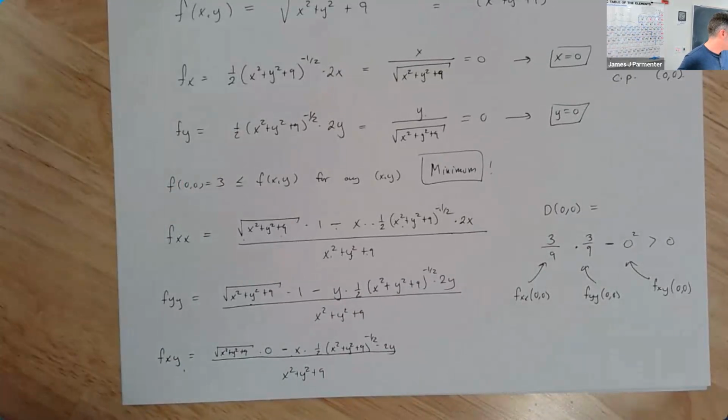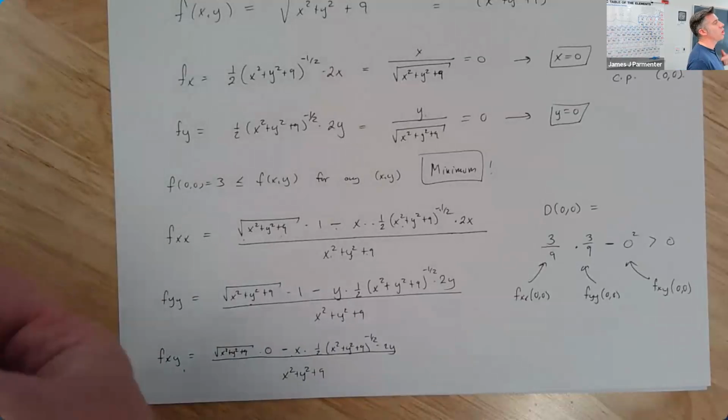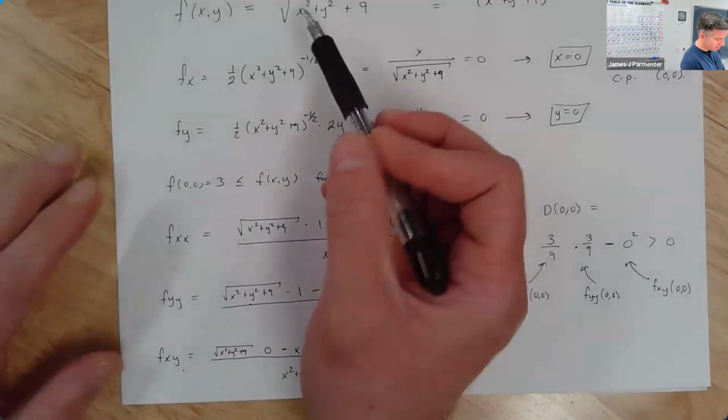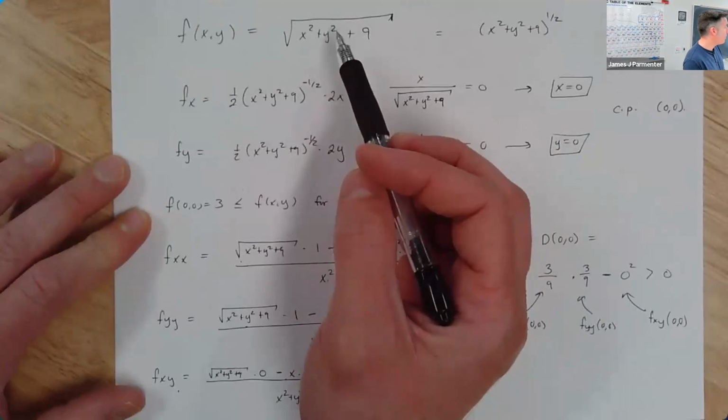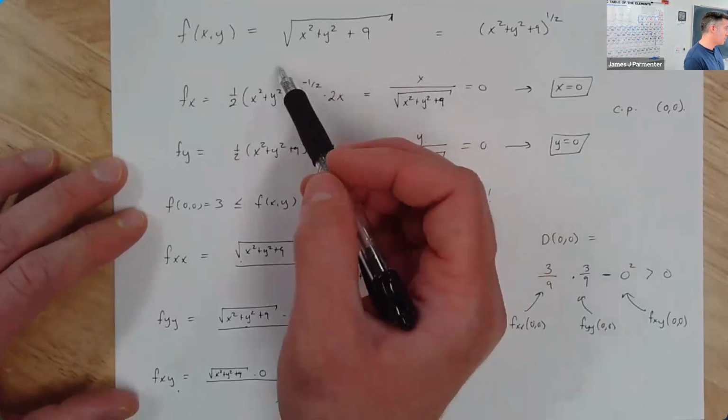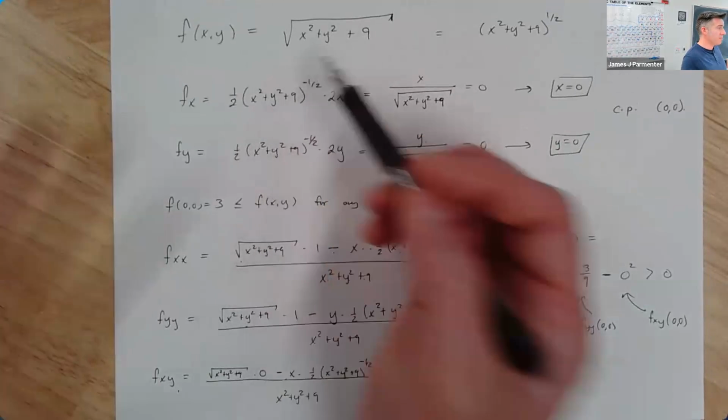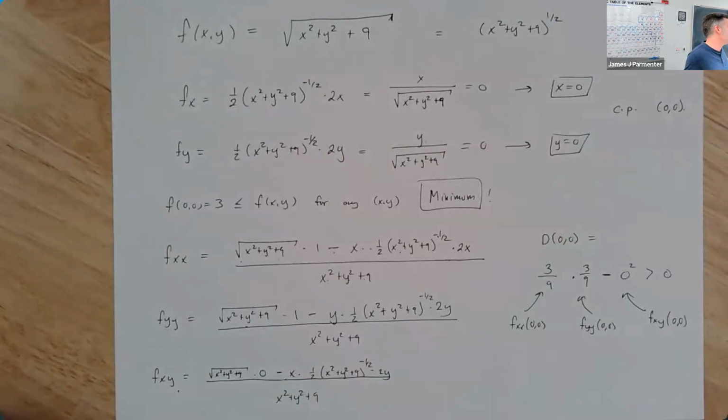Question? I didn't assume. I saw a thing that showed me it was a minimum. I noticed that this function happens to be as small as possible when x and y are both 0. And so that means it's a minimum, because that is the place where it is the smallest. But that's not usually a thing we would see. I was just making an observation.